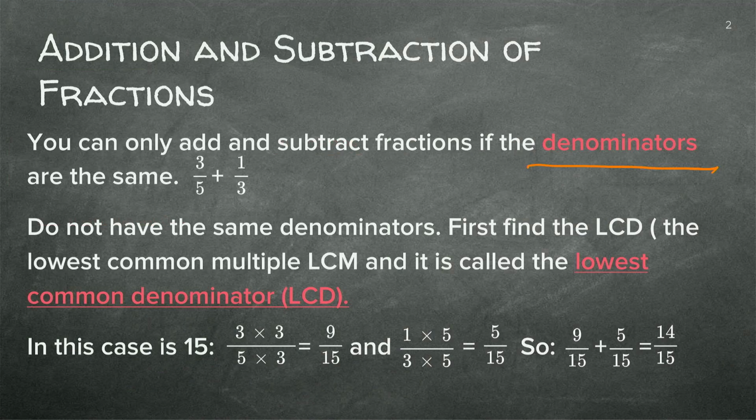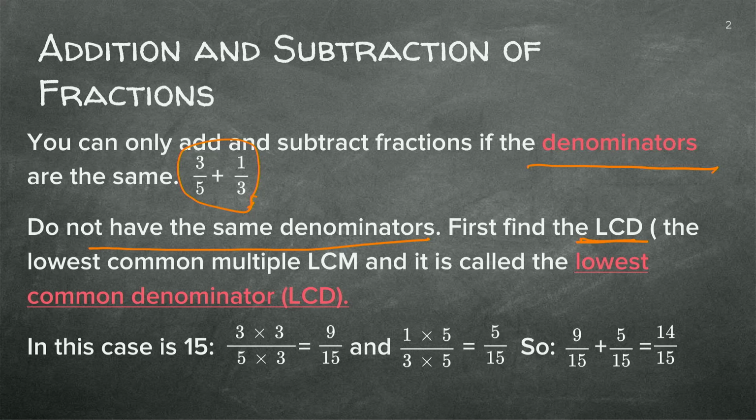Okay. So, 3 over 5 plus 1 over 3. If we have to add those two fractions, we have to first find a common denominator. If they don't have the same denominator, we first find the LCD.